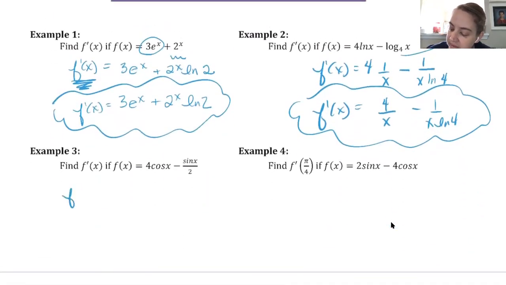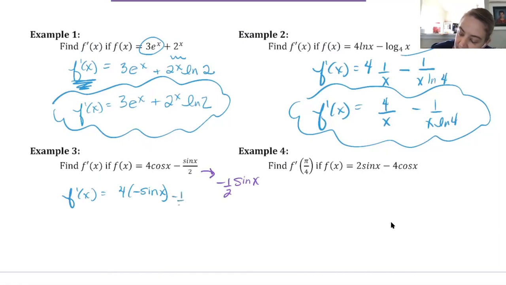So f prime of x is going to be 4 times negative sine of x. Now, this sine of x over 2, switch colors, is really the same thing as 1/2 sine of x. Kind of think of it as being multiplied by 1/2 there. Then this would be minus 1/2 cosine of x.